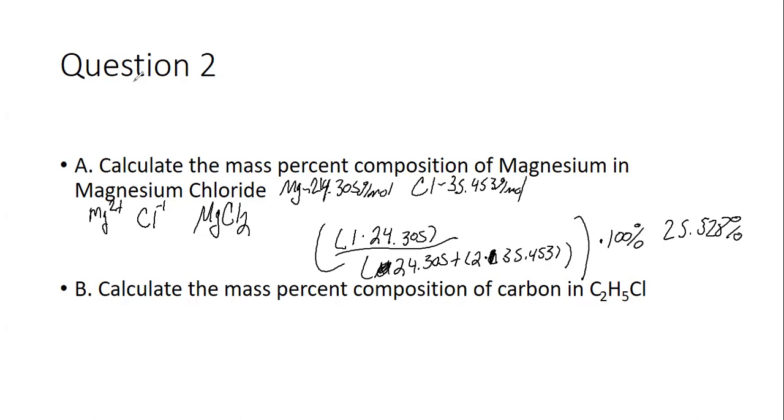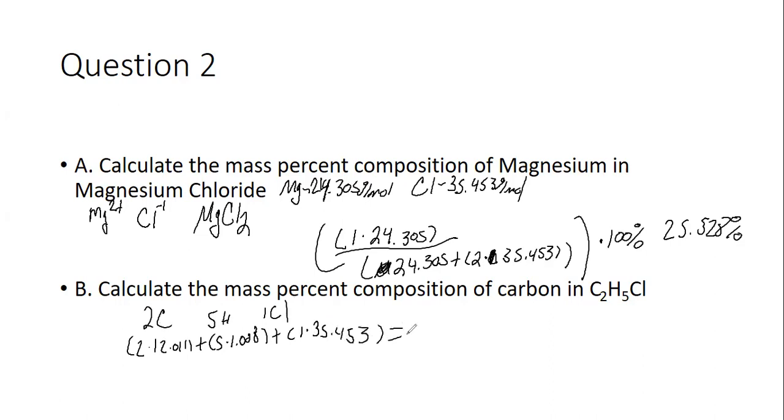All right, so let's go through B then. The first thing I'm going to do is just calculate the weight of C2H5Cl. So I have 2 carbons, 5 hydrogens, 1 Cl. So the math for that is 2 times the weight of carbon, which is 12.011, plus 5 times the weight of hydrogen, 1.008, plus 1 times the weight of chlorine, 35.453.